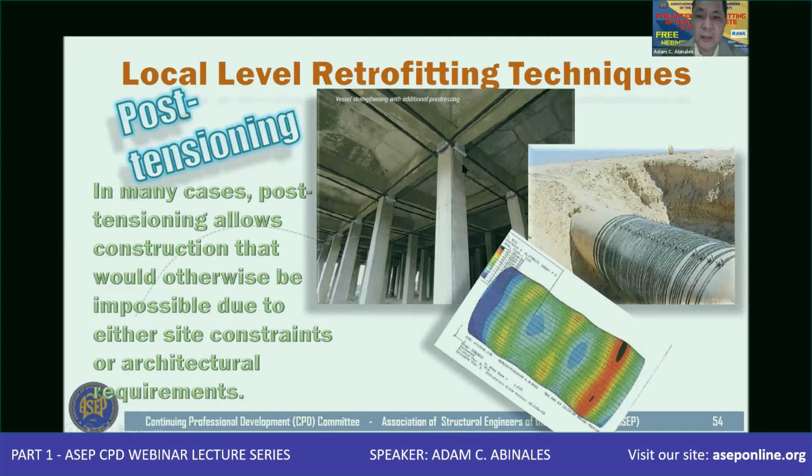But if you have a closed-ceiling building, then that would be a big architectural issue. Definitely you can still do post-tensioning strengthening, but you will be doing a lot of retrofitting works. Now, what you see here is post-tensioning applied to water pipes.